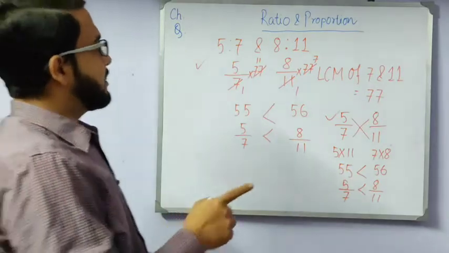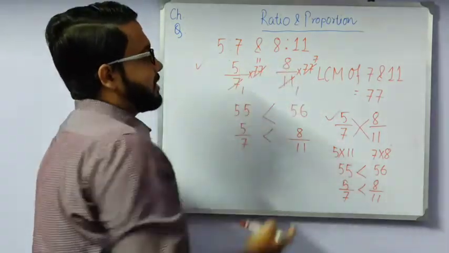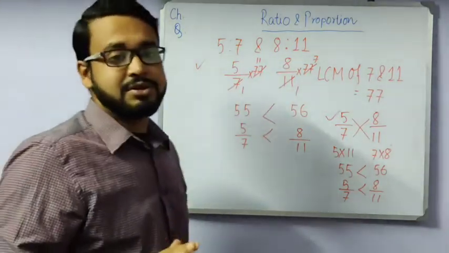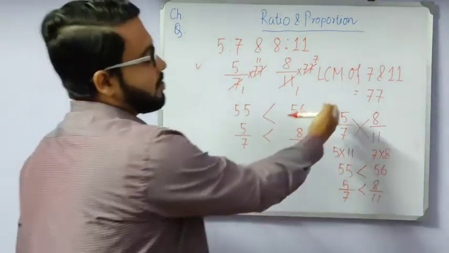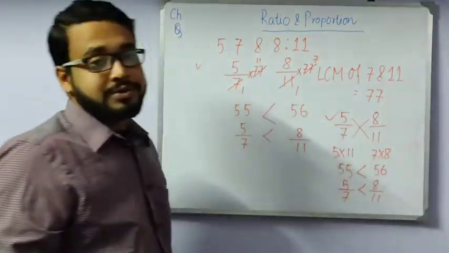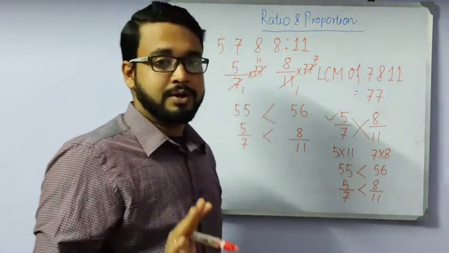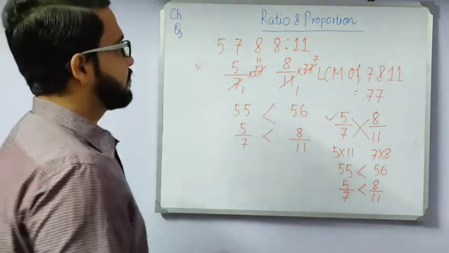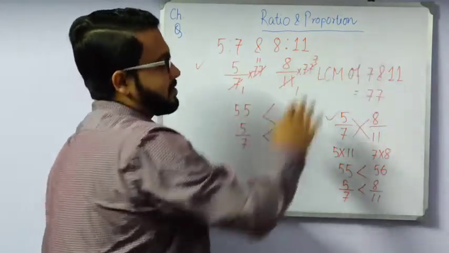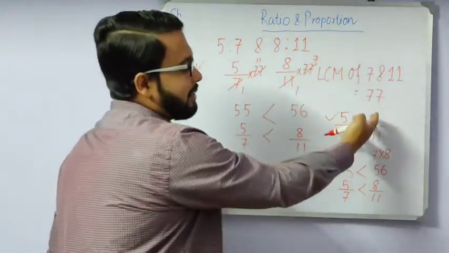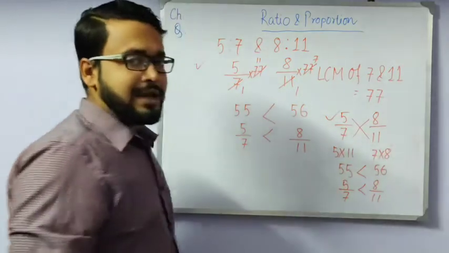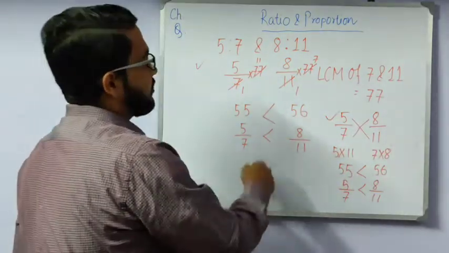But remember one thing, here two ratios are given, but if three ratios are given, then the cross multiplication option is not followed there. I hope you got it. When three ratios are given, we can't apply this cross multiply method.